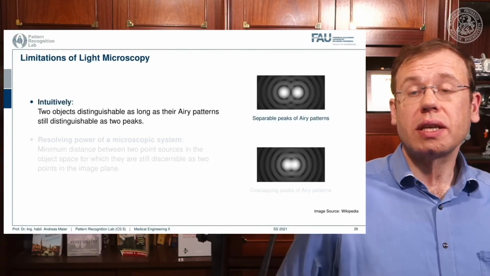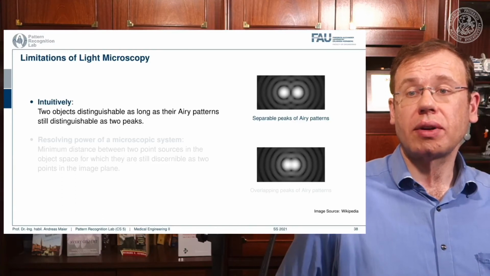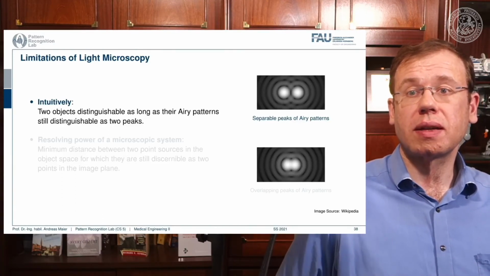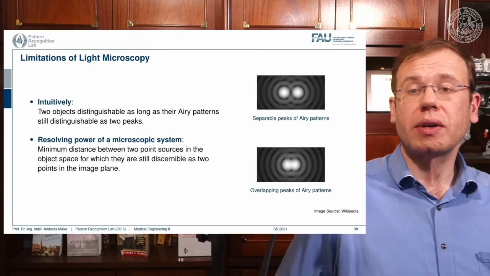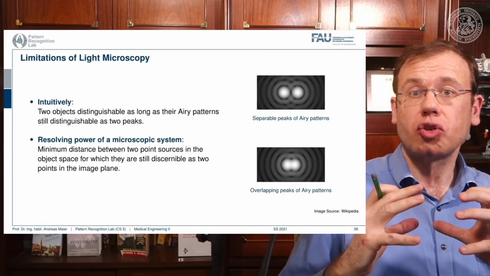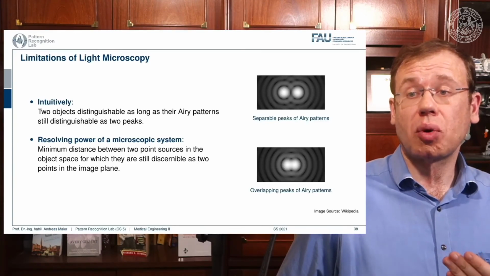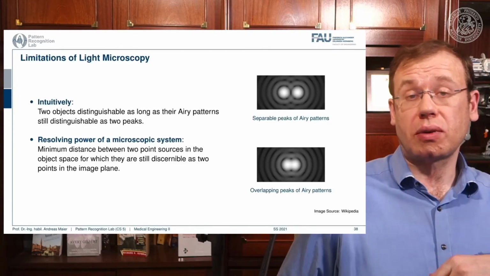So intuitively, two objects are distinguishable if they are outside of the radius of the Airy patterns. So if I have two peaks and the distance between them is larger than an Airy pattern, then we can still differentiate them. And then if we move them together, you see that they start joining. And there is a limit, a minimum distance between the two point sources, such that they can still be perceived as two different spots.